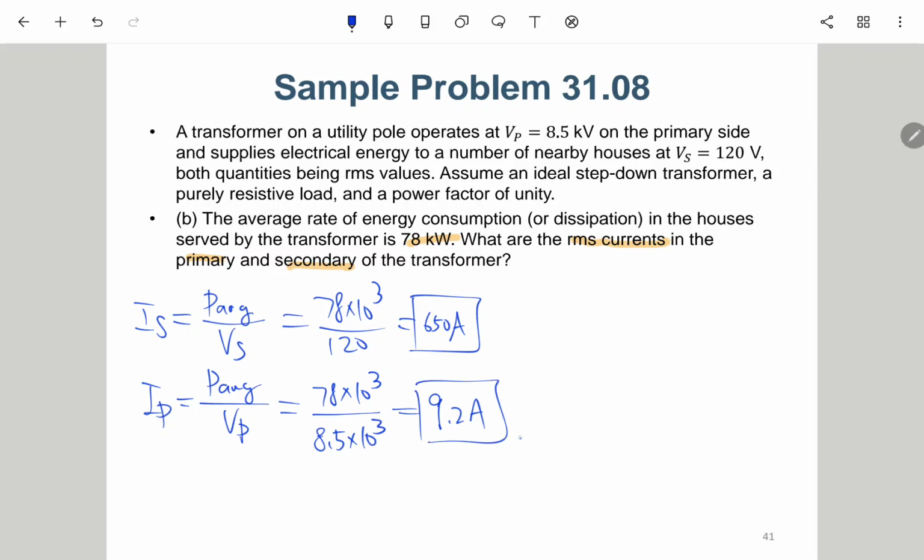Okay, I made a mistake there, so it should be like that: IS is 650 and IP is 9.28. Yeah, for the secondary, lower voltage, higher current; for the primary, higher voltage, lower current. Okay, so this is just some algebraic calculation.